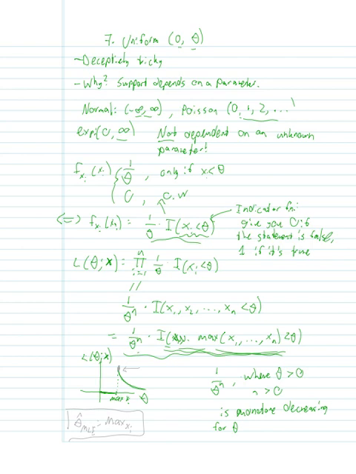Note that anything to the left of the maximum value of the xi's is equal to 0, and anything to the right is not equal to 0, but it's monotone decreasing. So we can conclude that the maximum value has to be there at the max of the xi's. So theta hat MLE is equal to the max of the xi's.